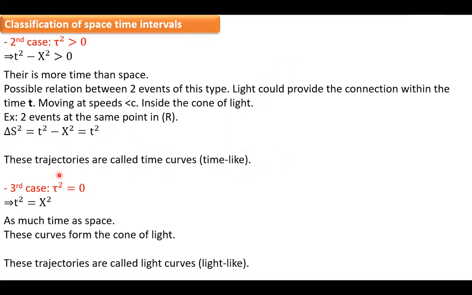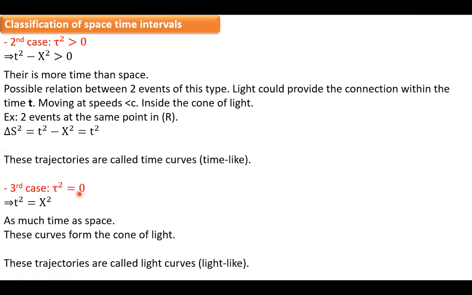And the third case is when tau squared is equal to 0. So you have as much time as space. t squared is equal to x squared. So you are in the case of light and just light, where you are traveling at the speed of light, which is only possible for rays of light.